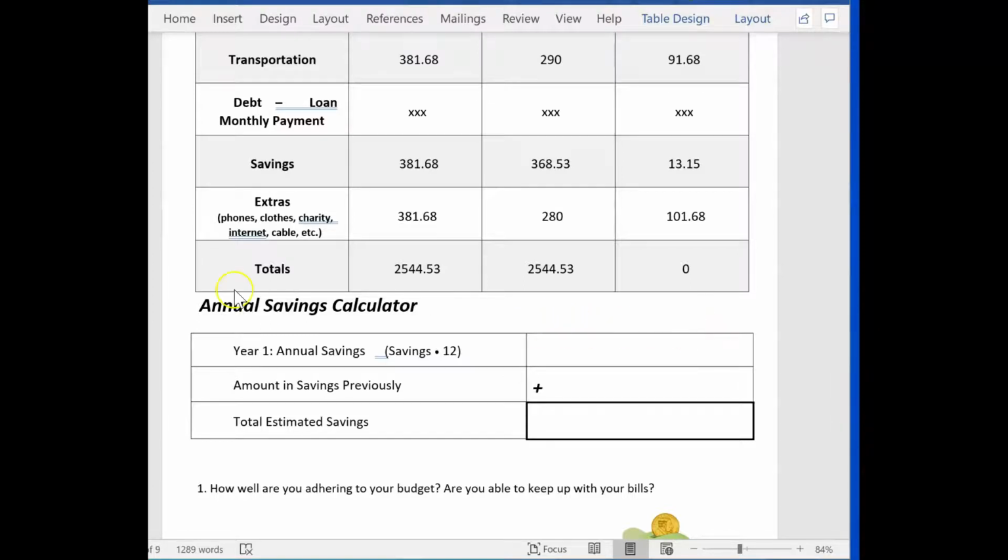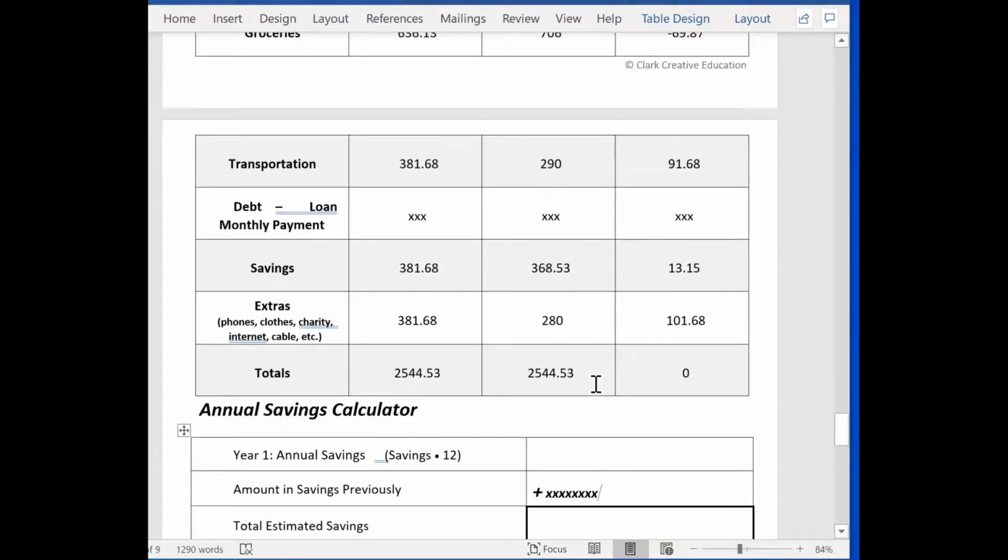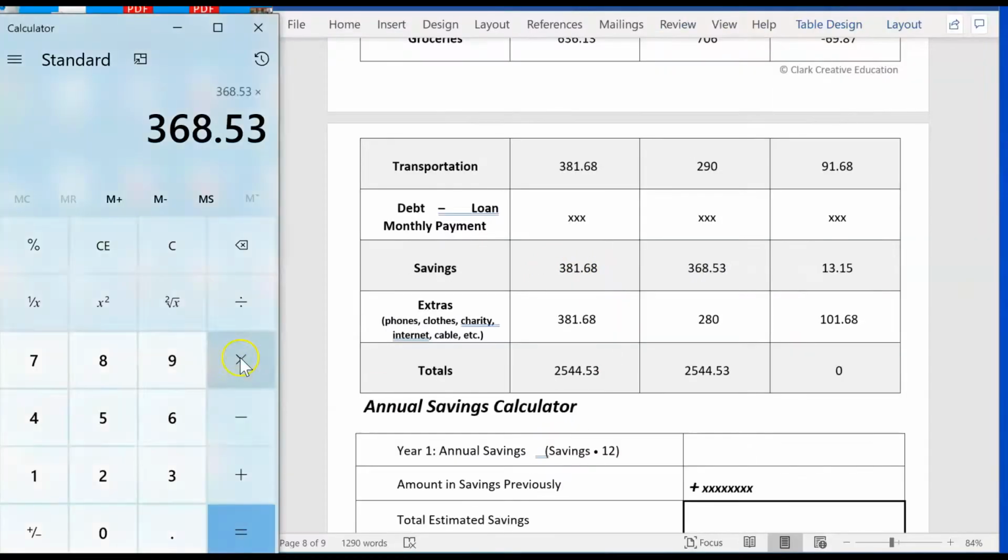So we are only doing a 1 year savings calculator, so you're not going to have an amount in savings previously, because that's when you do multiple years, which the assignment originally was, but we're only going to do 1 year. So year 1 savings times 12. Our savings is 368.53. So we're going to multiply it by 12.